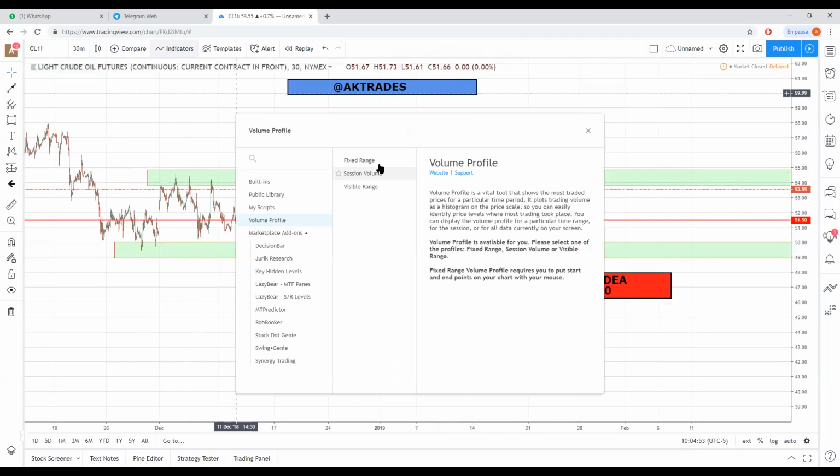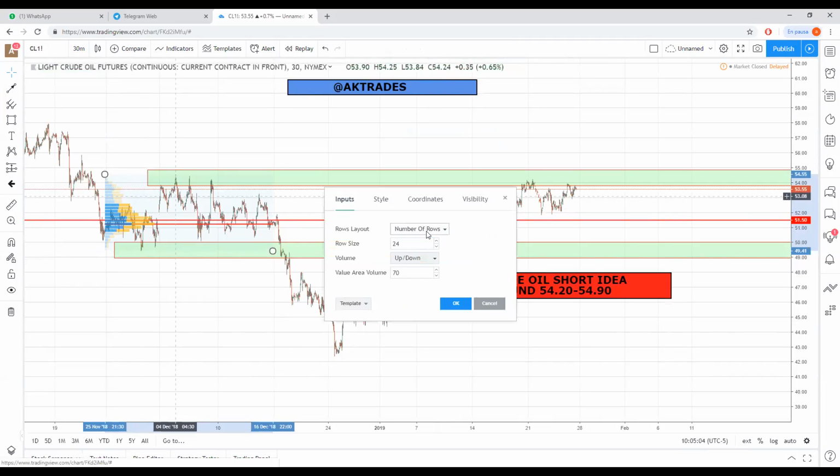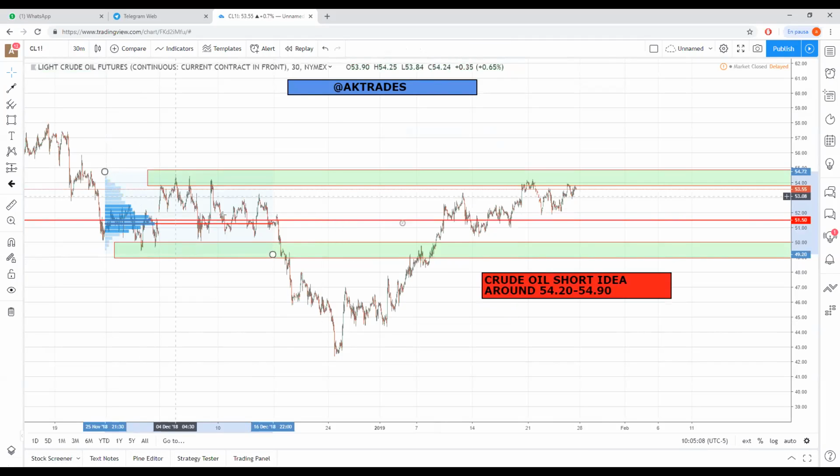So if we analyze how the volume behaved in this accumulation before the selling move, we can see how the biggest positions were accumulated around 51.